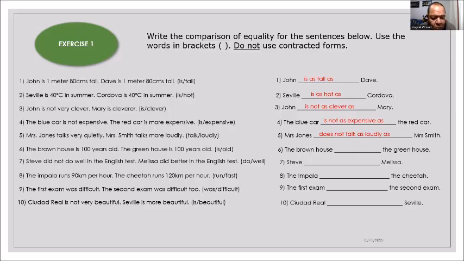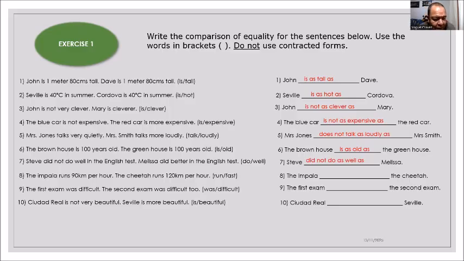The green house is 100 years old. The brown house is as old as the green house. Number 7. Steve did not do well in the English test. Melissa did better in the English test. Steve did not do as well as Melissa.